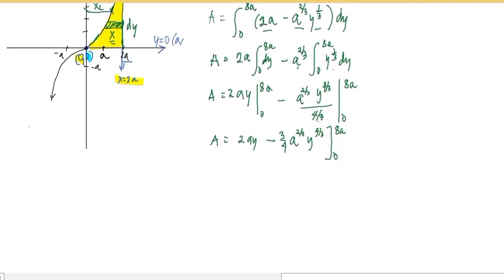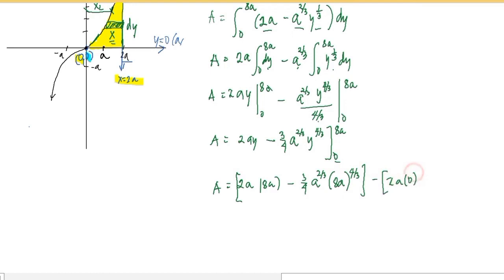Now, if we are going to apply our limit, then we have here 2a for the upper limit, that is 8a, minus 3/4. And this is a raised to 2/3. And our y here is 8a, and this is raised to 4/3. Now, this is the upper limit.